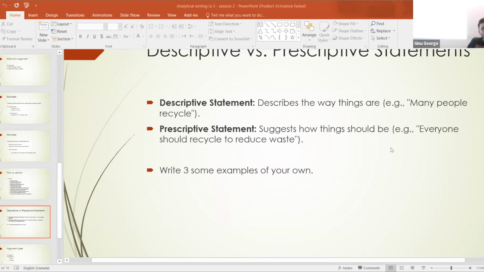That's what the word prescription means. It means you're prescribing something. You're saying that people should or shouldn't do something, or should or shouldn't be a certain way, as opposed to just describing.